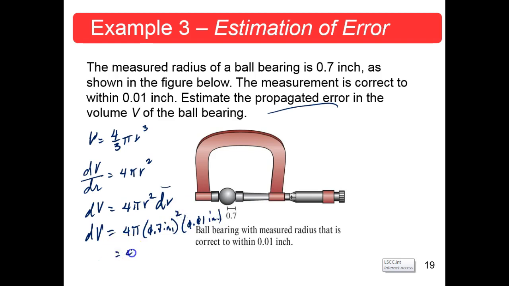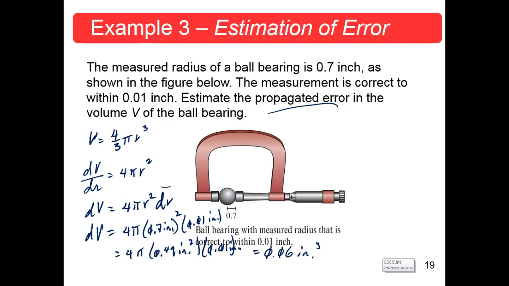So this will be 4 pi times 0.49 square inches times 0.01 inch. Okay? Someone with a calculator tell me what that comes out to be. 0.06, and that would be cubic inches.